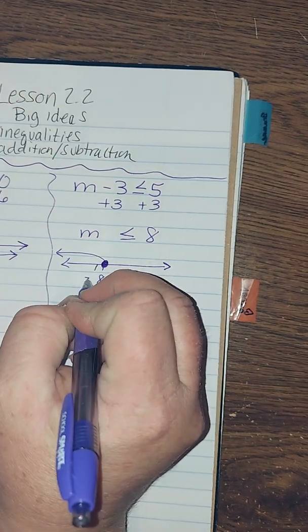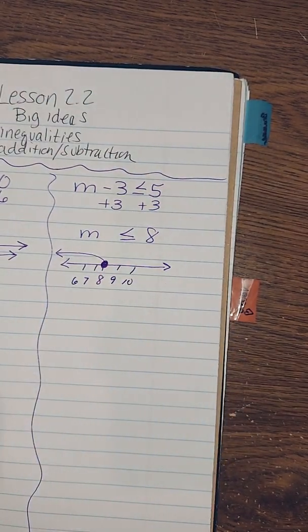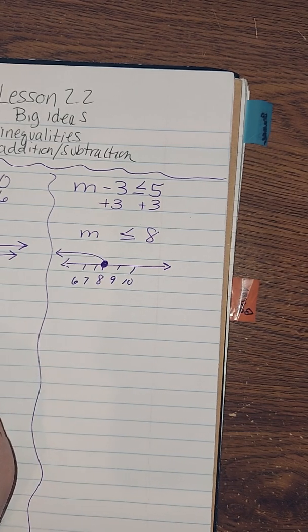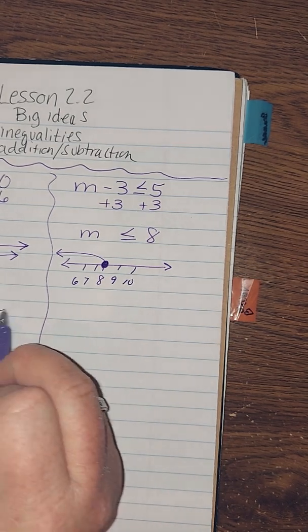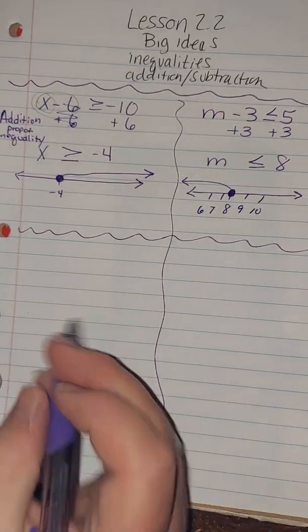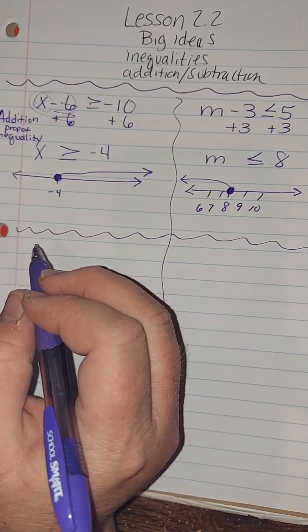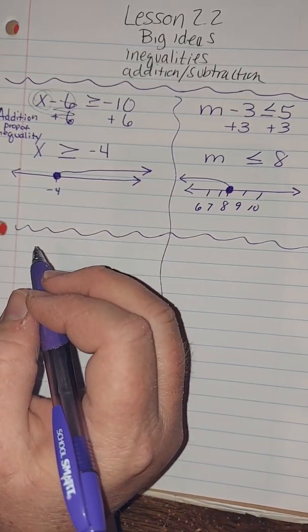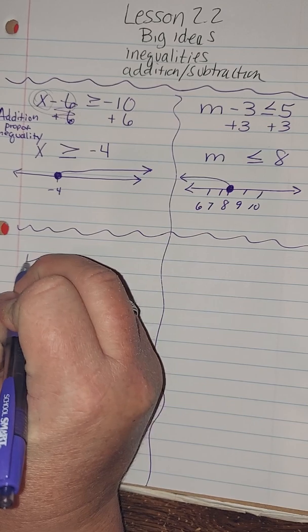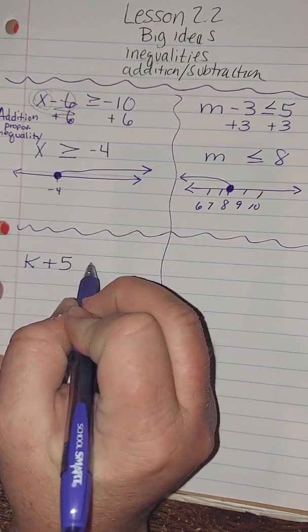Now, it might be helpful if you label the rest of these, but you don't have to. So, friends, what do you think would be the next piece? You're right, it's subtraction. So the subtraction property, you guessed it, is just dealing with subtracting. K plus 5.